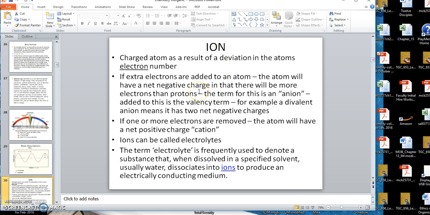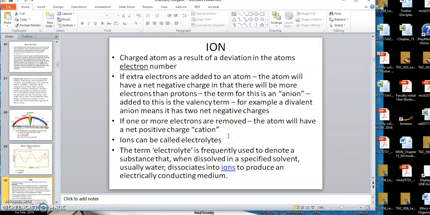Terminology to understand. A negatively charged ion is called an anion. A negatively charged, that's where you would have more electrons than protons. And a positively charged one is called a cation. Because pure deionized and distilled water does not conduct electricity, I'm going to say what causes the conduction of electricity in water are these ions.